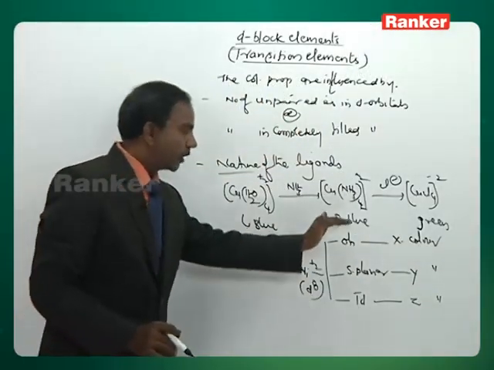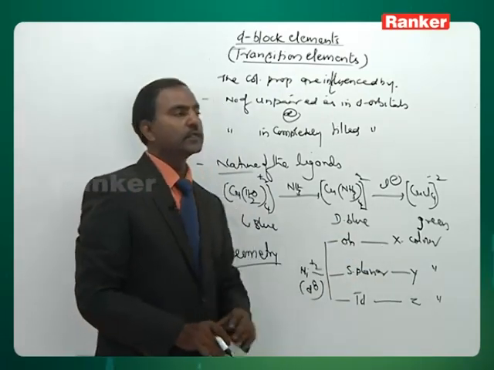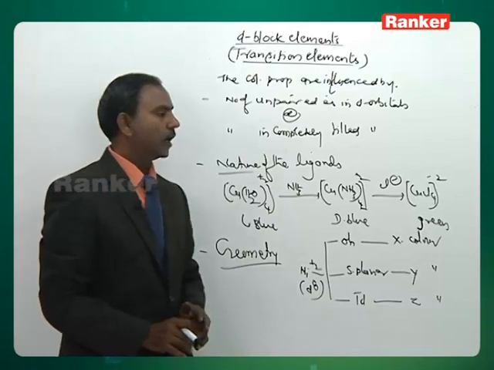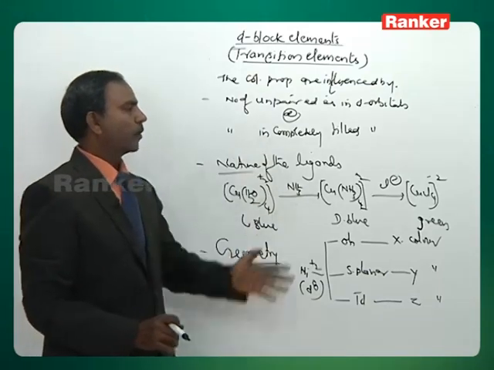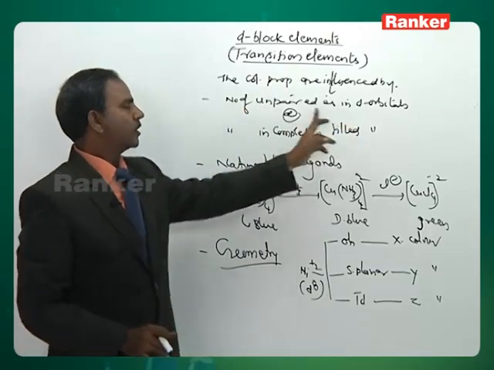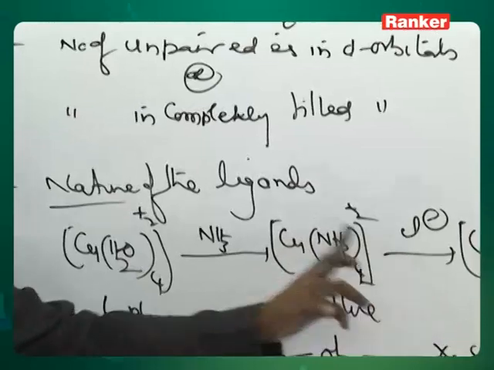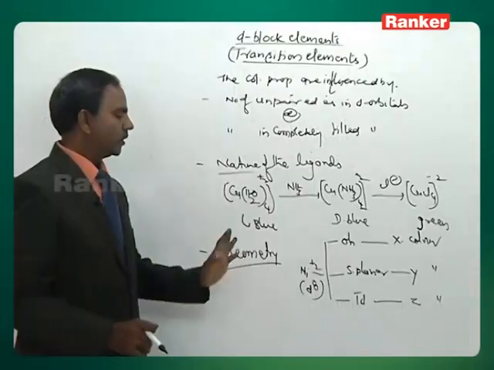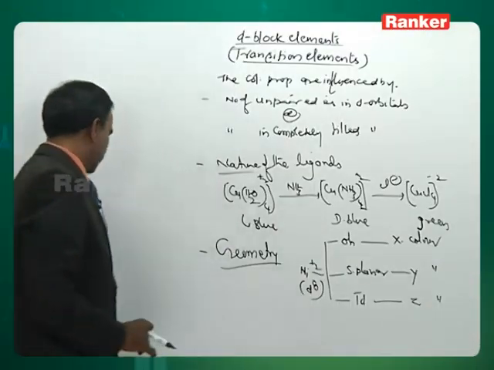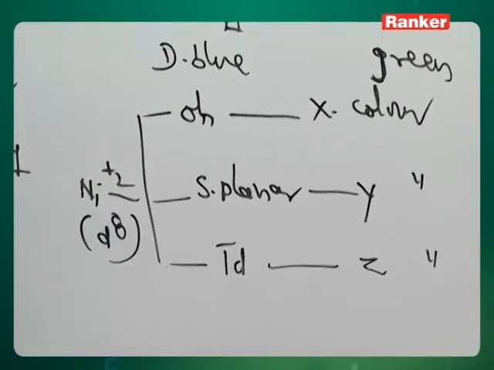So only the difference in geometry makes them exhibit different colors. Like this, the color property depends on 3 factors: the number of unpaired electrons in d orbitals or incompletely filled d orbitals, the nature of the ligands, and also geometry. These are the factors influencing the color property of d block elements and their compounds.